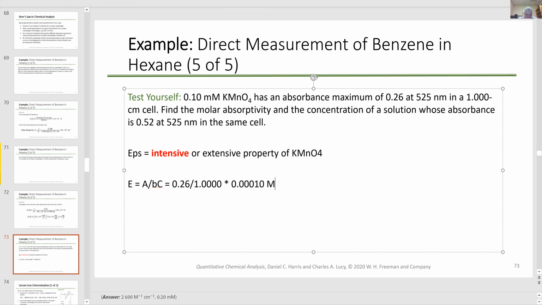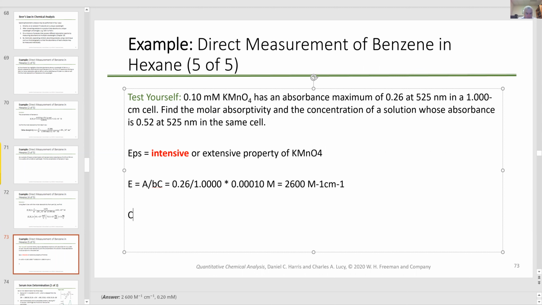Right, so that's 10 to the minus 4 molar. So 0.26 times 10 to the 4 is 2.6 times 10 to the 3, which is equal to 2600 M minus 1 cm minus 1, right?